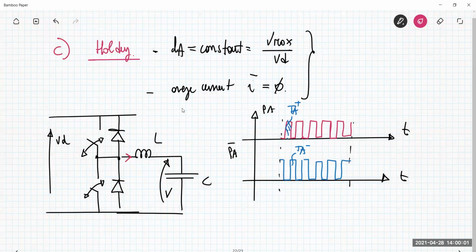The instantaneous value depends on the voltage across this inductance. The voltage across this inductance is the voltage appearing here, and this voltage is Vd or 0, depending on the status of the switch. When TA plus is on, it's Vd. When TA minus is on, it will be 0. And the voltage V is constant.